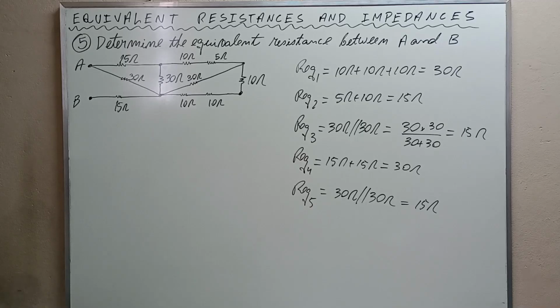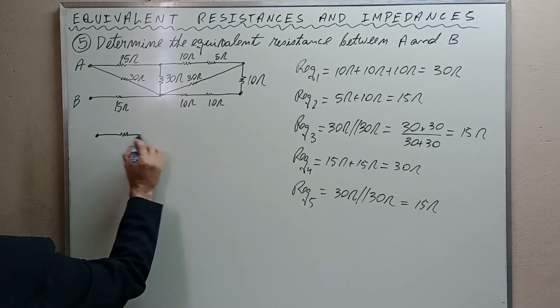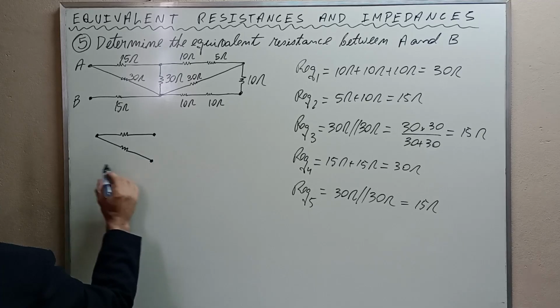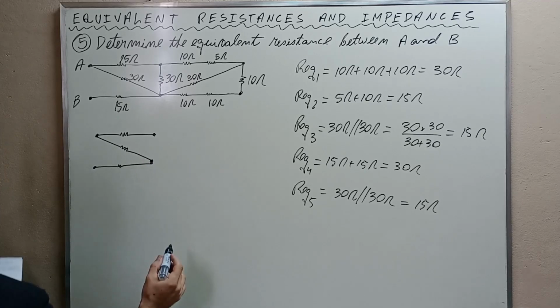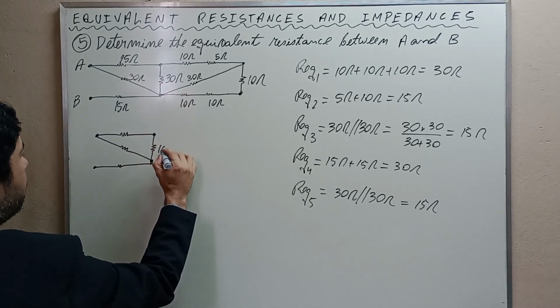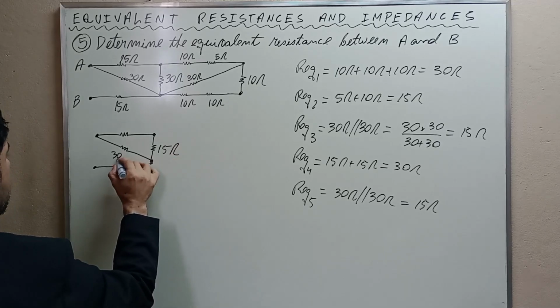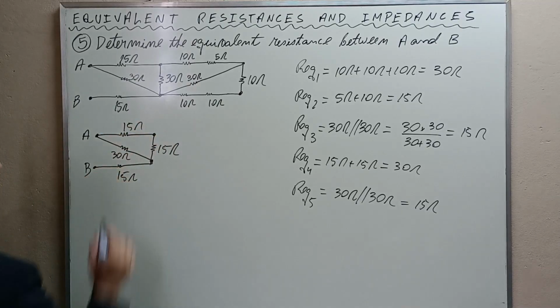We can remodel the circuit. It will be reduced to this. And here, instead of 30, it is 15, 30, and 15, A and B, okay?